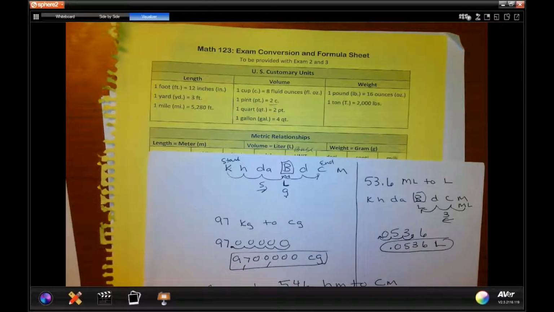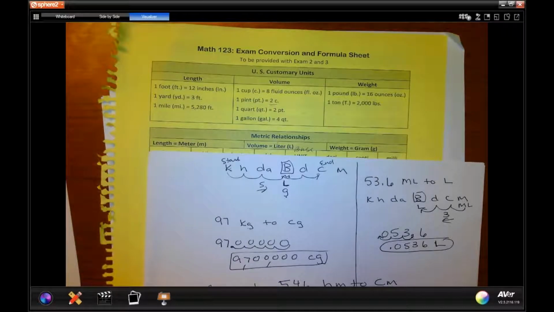I can tell you somebody from one of the sync classes got a 0, not one of mine. We have 2 other ones in the region, our zone they call it now. They got a 0 on their test because they went and looked something up on the internet during their test, and we have cameras in our testing centers, and they got caught. They record it, so they got a 0, probably on probation for cheating.